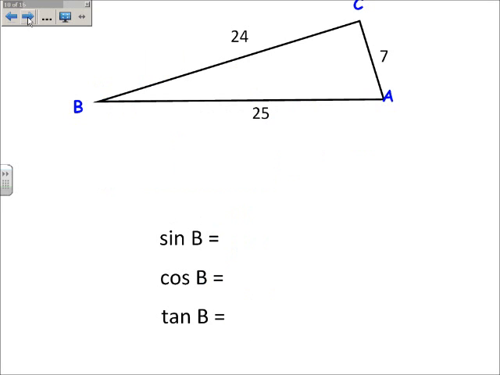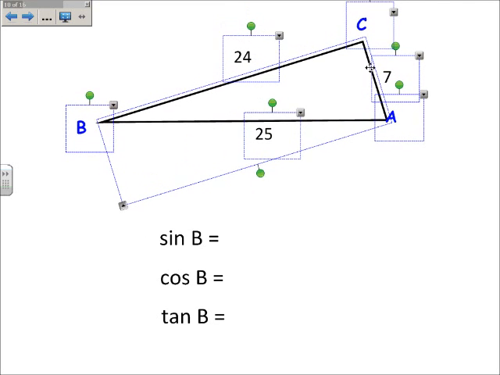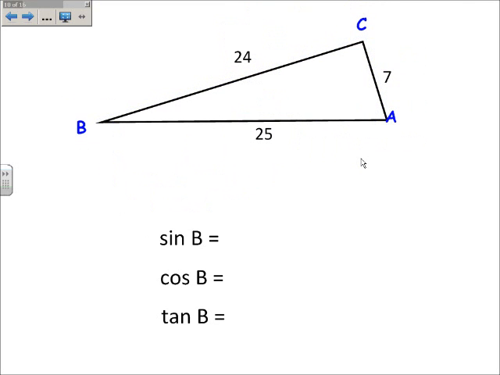Okay, another example. Now this one's turned a little bit differently. Let me move these down. We're looking at angle B this time, and this is my right angle. Just to help us out, 24 is the side that's adjacent, or next to, the angle. 7 is the opposite side, because it's on the opposite side of the triangle. And 25 is the hypotenuse, the longest side.